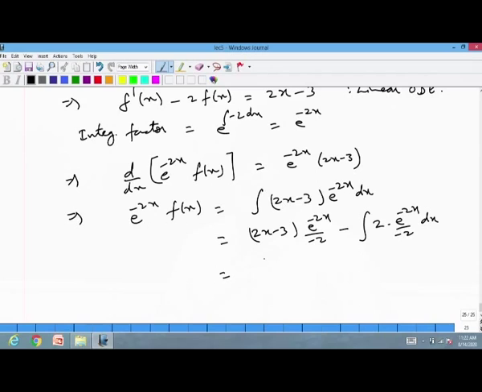So, this is equal to minus half 2x minus 3 e to the minus 2x. This becomes plus e to the minus 2x by minus 2 plus c.